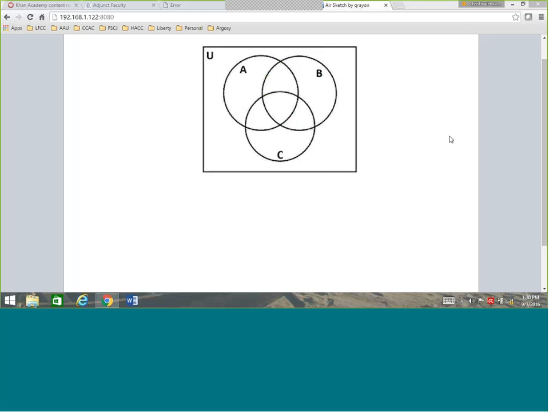And then we have the same type of thing happening between circles B and C. That's where B and C overlap, but this filled in region is where B and C overlap outside of circle A.